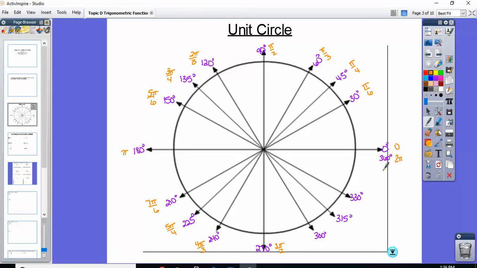In the fourth quadrant, it's 2 pi minus your reference angle, so the pattern was double the bottom and subtract 1. So if 6 doubled is 12, minus 1 would be 11 pi over 6. 7 pi over 4, and 5 pi over 3.